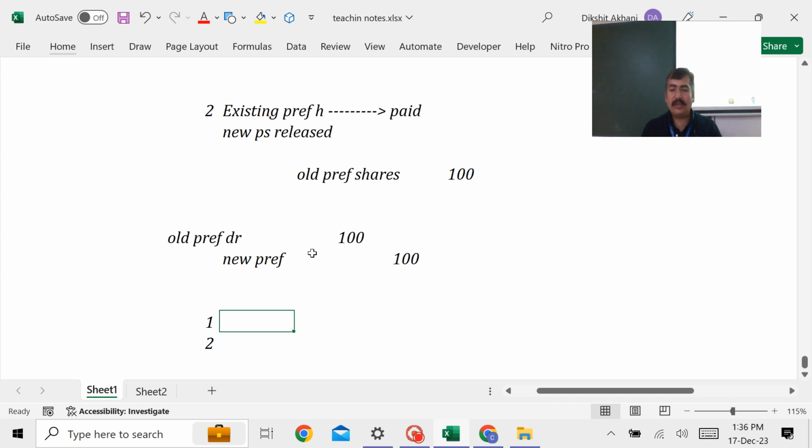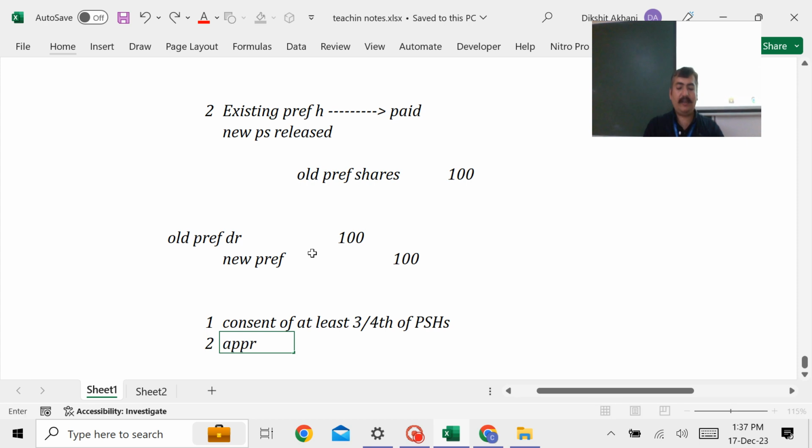So special resolution is not the actual words. I'm sorry, I want to take my words back. It is that take the consent of at least 3/4 of preference shareholders.